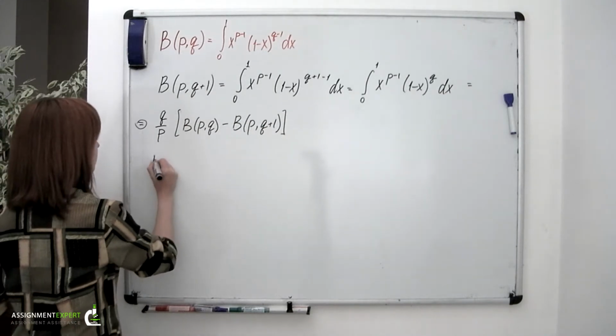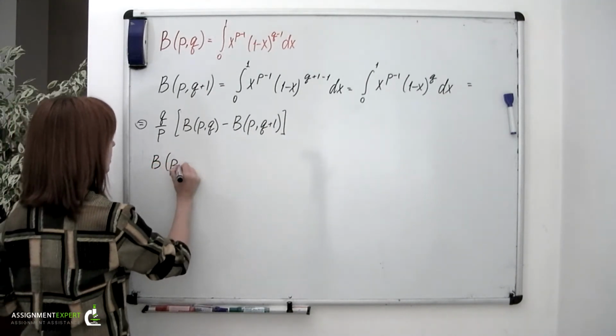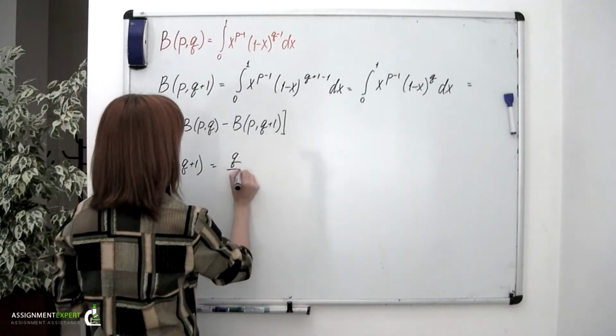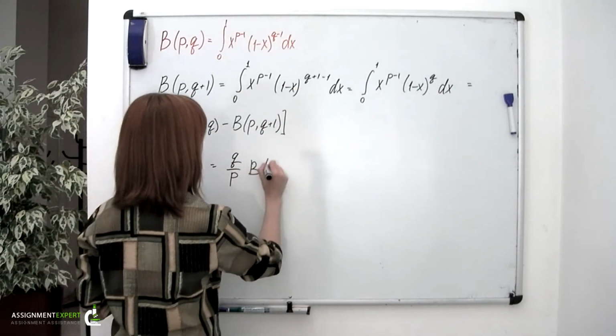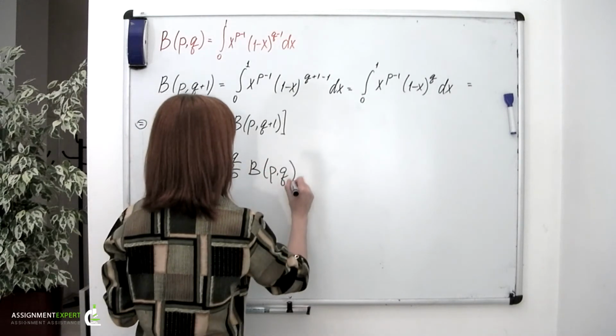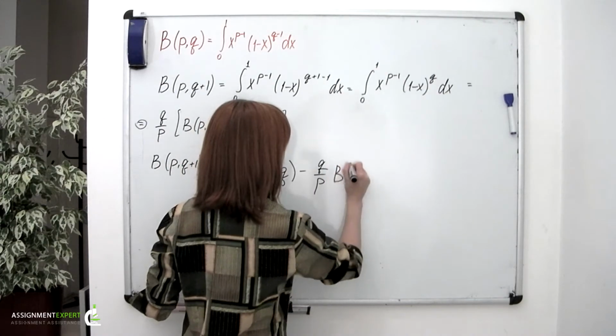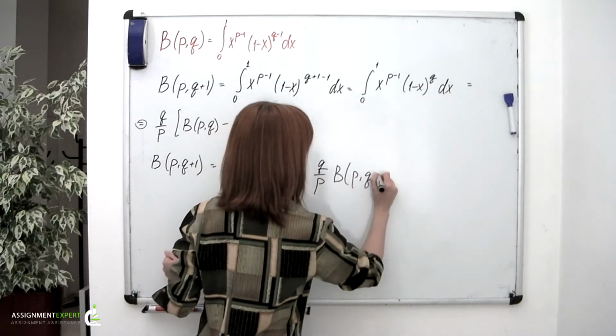So we have beta of p and q plus 1 equals q over p times beta of p and q minus q over p times beta of p and q plus 1.